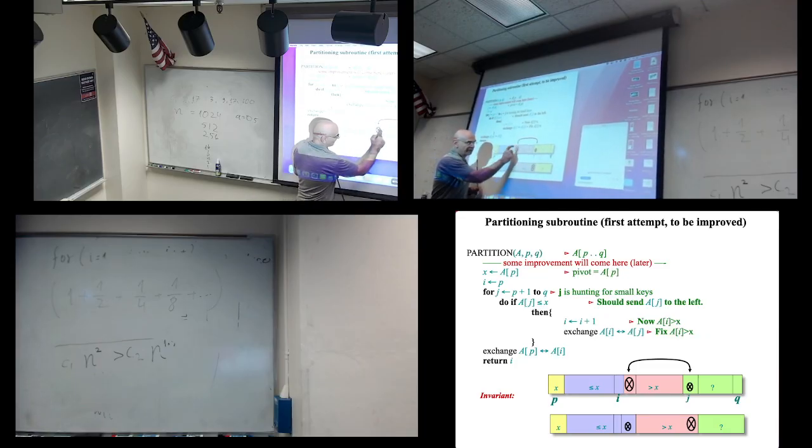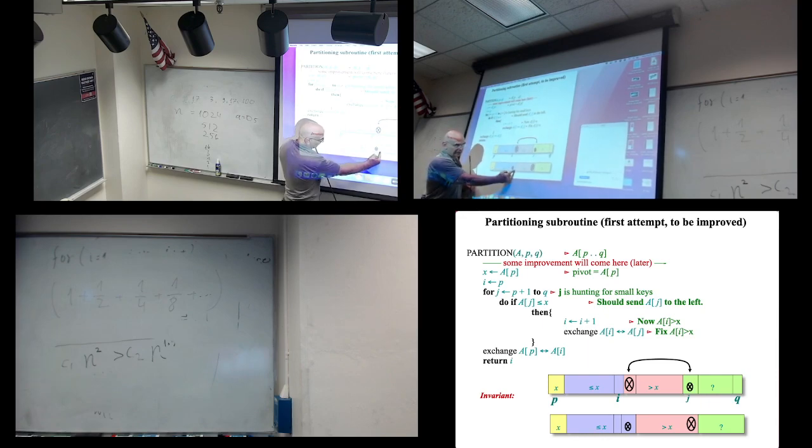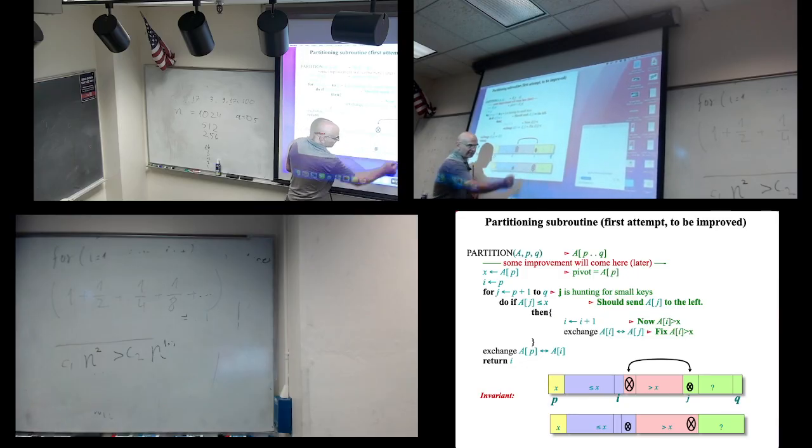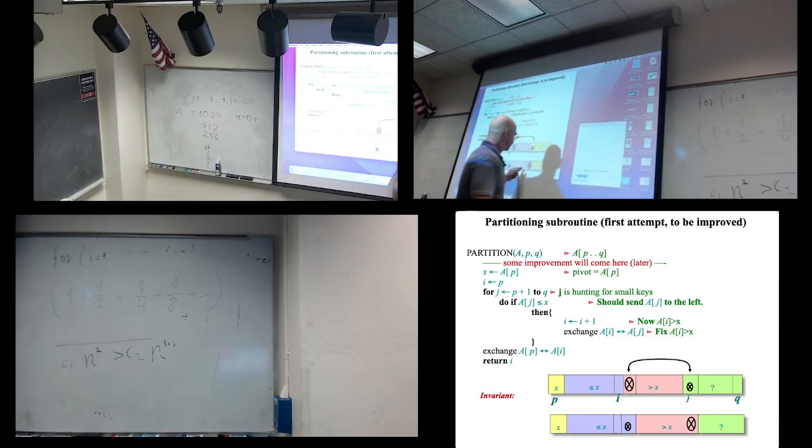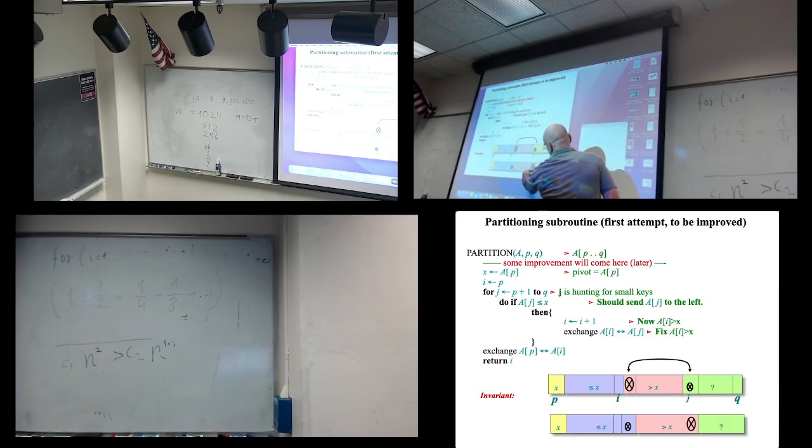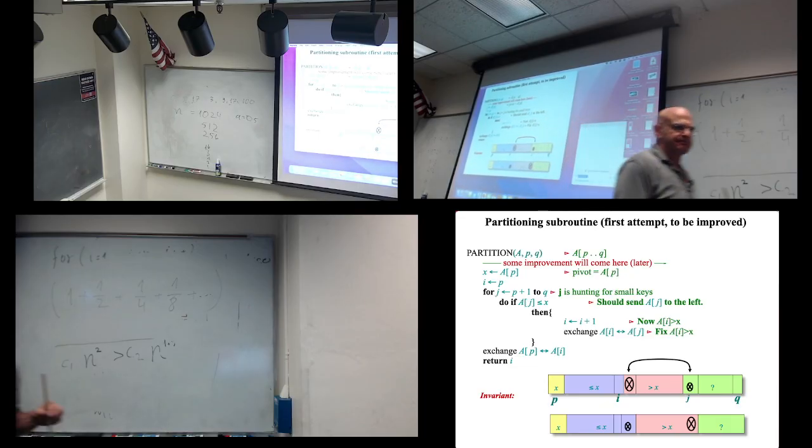The small guy moves here, the large guy moves here. Now this element, I'm sure, is smaller or equal than x, and this element, I'm sure, is strictly larger than x. And j will continue from this point to the next one.